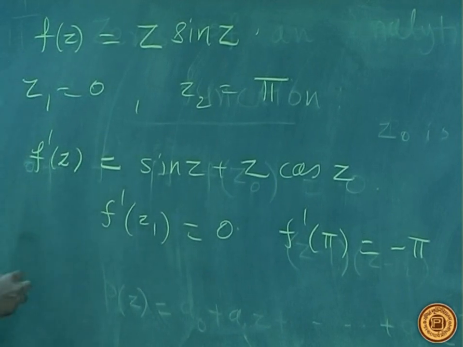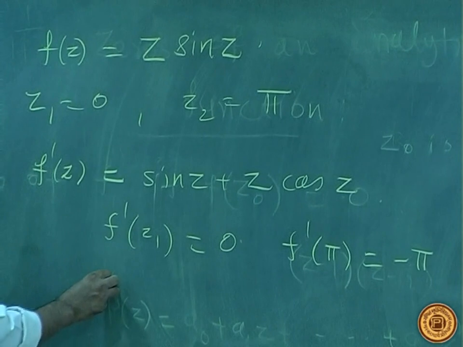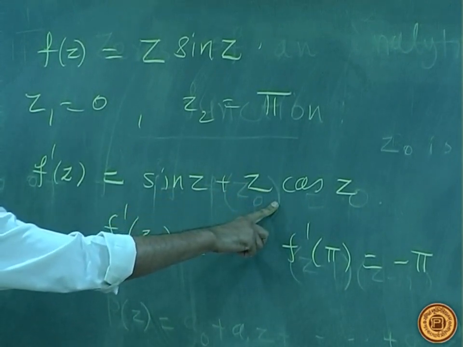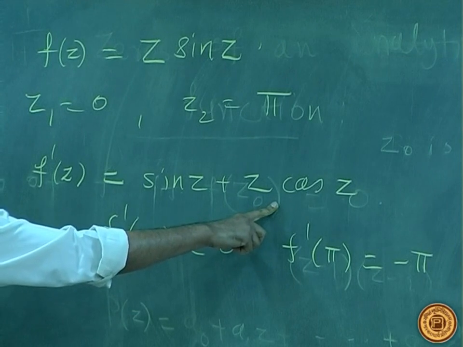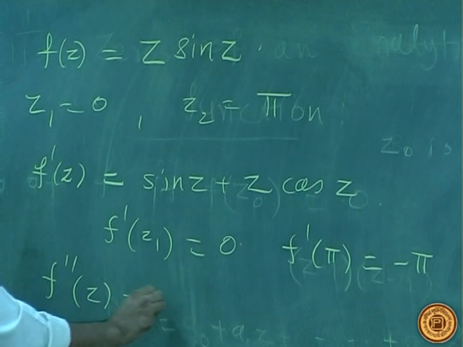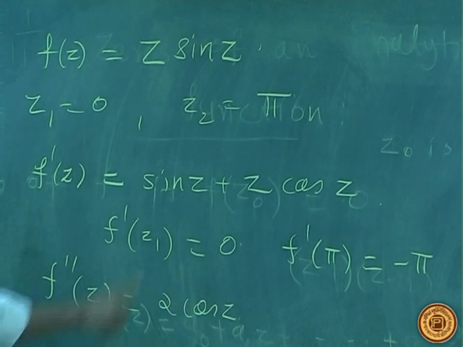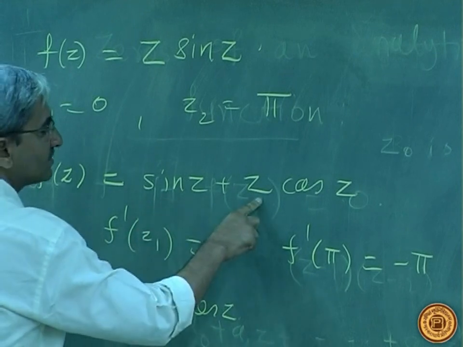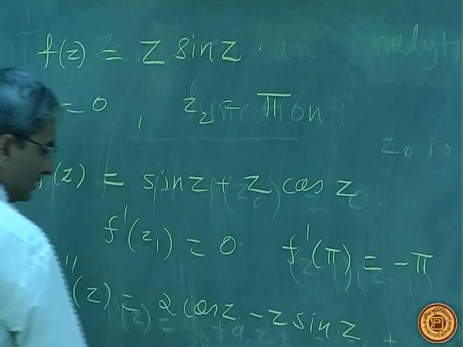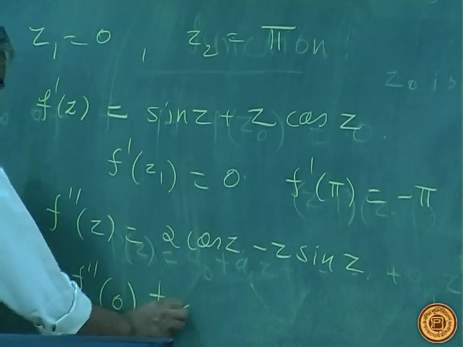And now if you consider f double dash, it will be 2 cos z minus z sin z. This is cos z, this is cos z, and plus minus z sin z. So f double dash 0 is not equal to 0, right?